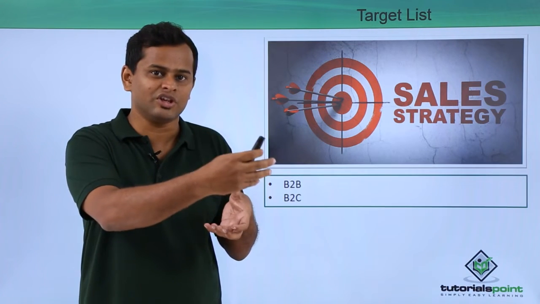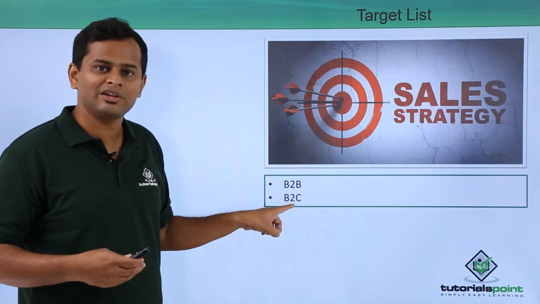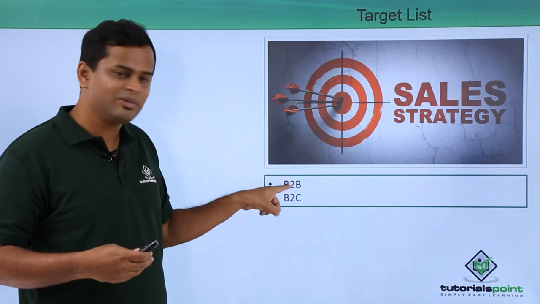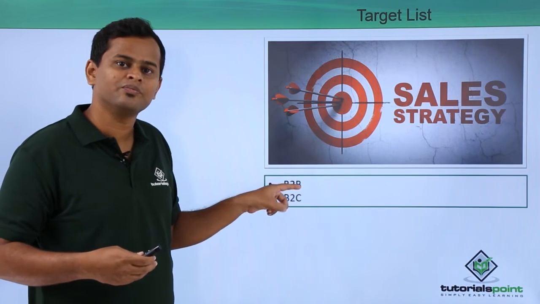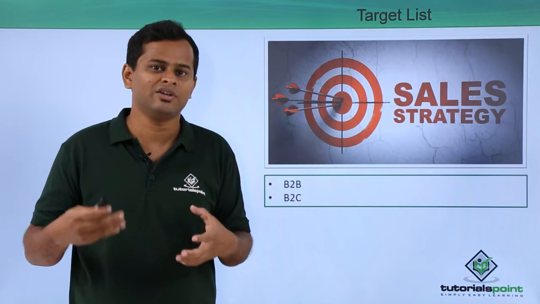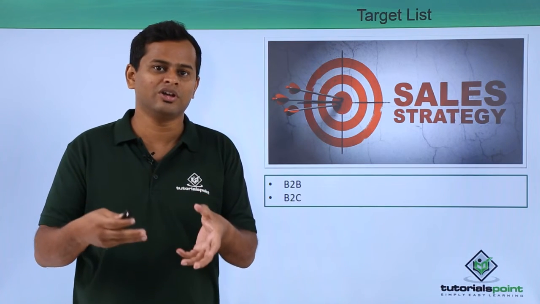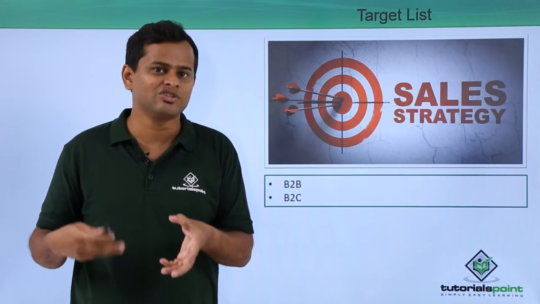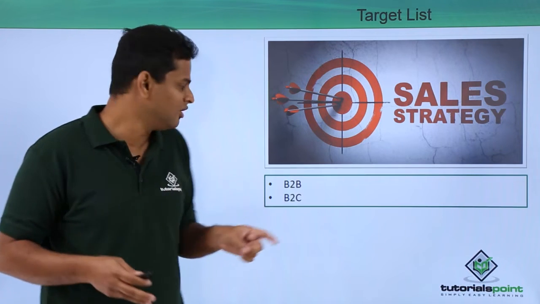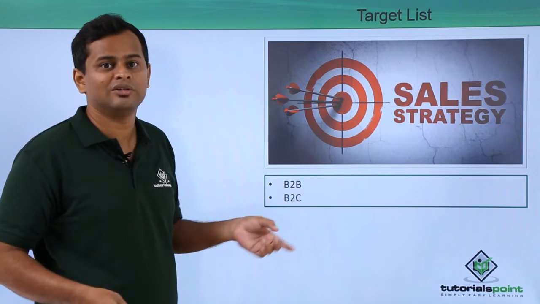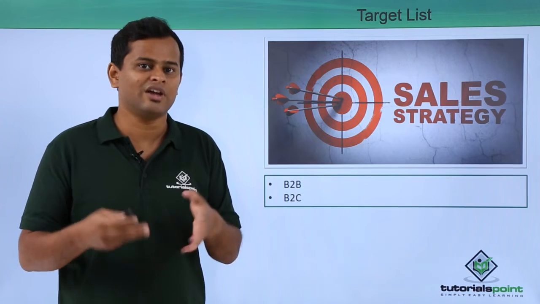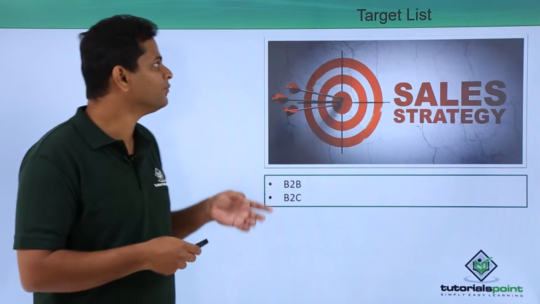So here there will be a lot of retailing, and there will be a much more professional approach in B2B. We should be very careful, and there can be different strategies of selling for B2B and for B2C. Based on that, we have to manage our selling accordingly.